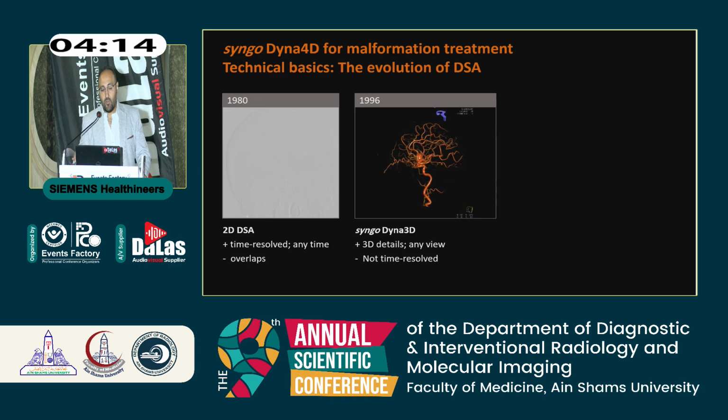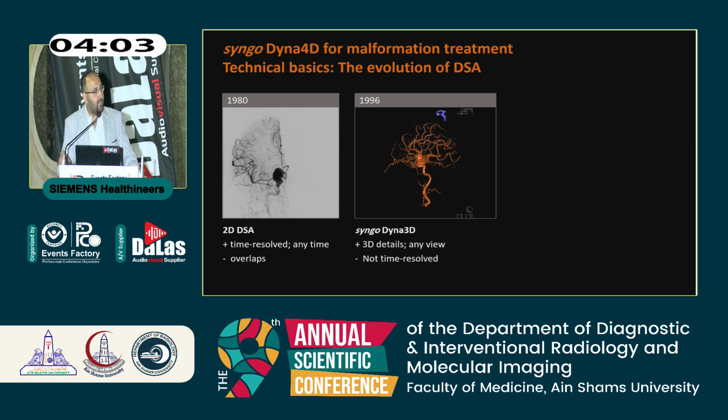We have, of course, the DSA, which gives us a good phasing or staging, and we have the 3D, which gives us all the possible orientations and angulations to navigate our AVM.